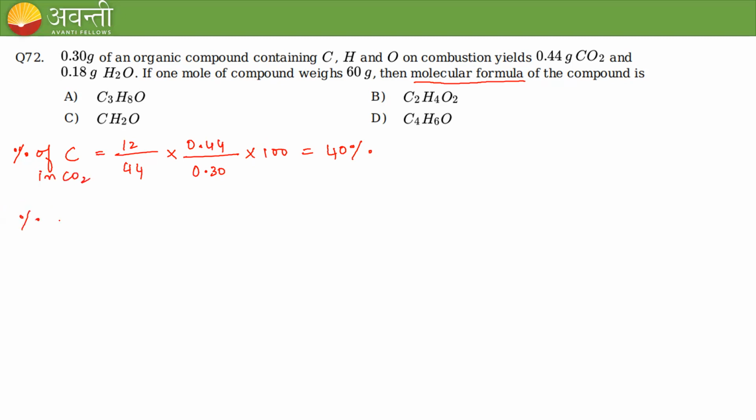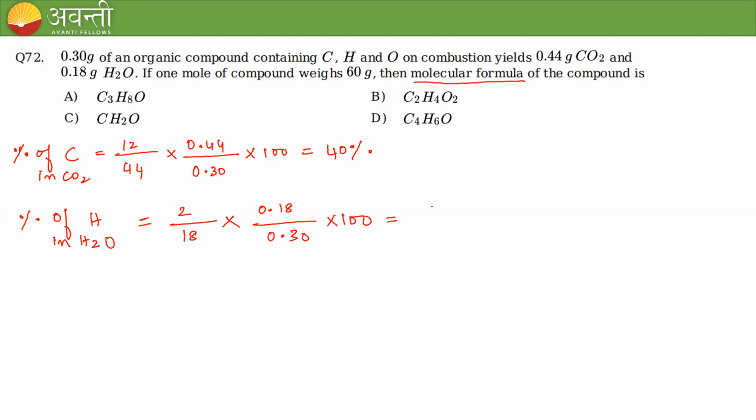And coming to the percentage of hydrogen in H2O, it is equal to, so H2O, right? The hydrogen mass is 2 and the molar mass of water is 18, and the mass of H2O is 0.18 and the mass of organic compound is 0.30, into 100.